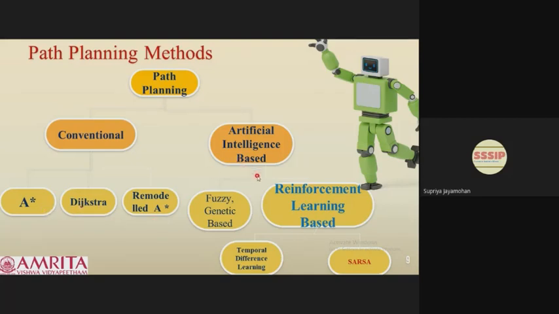Then artificial intelligence based: I think yesterday you had a session, maybe it was covered, fuzzy, genetic based and machine learning based, where you could have reinforcement learning, and I have discussed the simpler one, which is temporal difference learning, and a slightly better performing algorithm called SARSA. We could also have a highly advanced machine learning based algorithm like CNN. So this gives us an idea that various types of path planning algorithms are available.